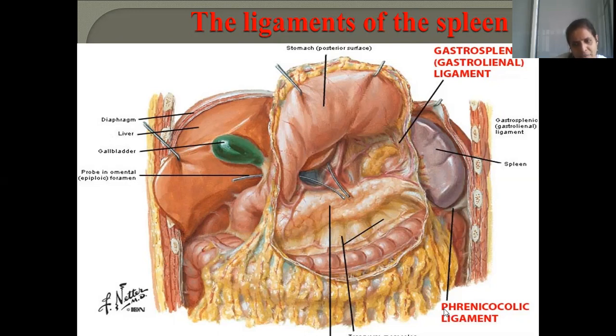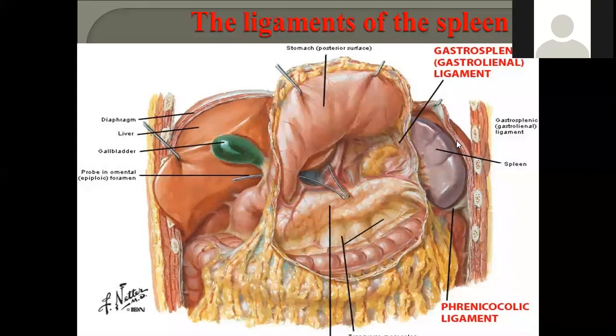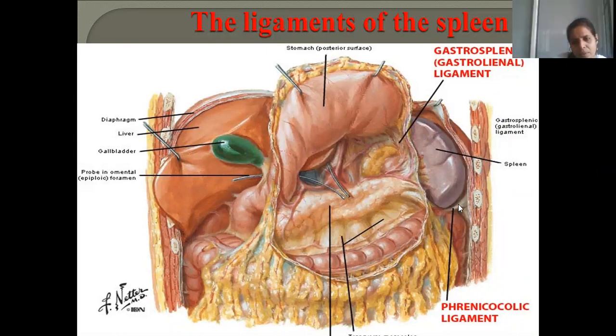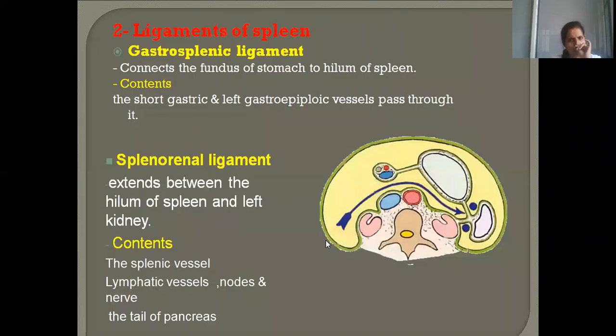You call it the phrenicocolic ligament. Yes, beta. Okay. Which dome of the diaphragm is this? Left dome. Because stomach and spleen are found on the left side only. So that is the phrenicocolic ligament.